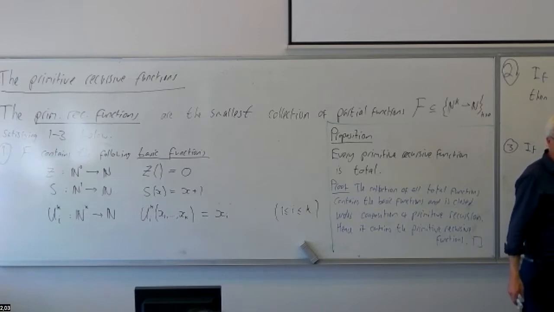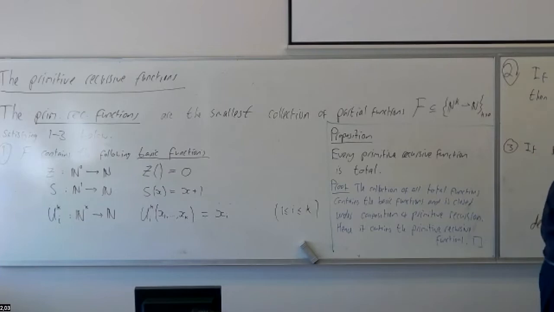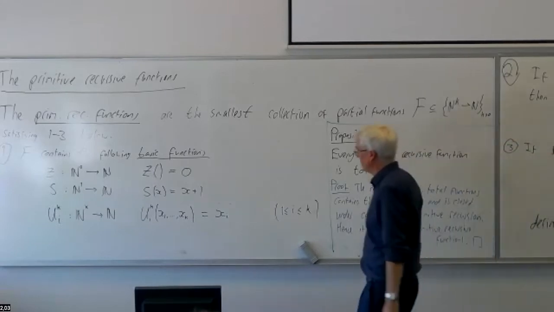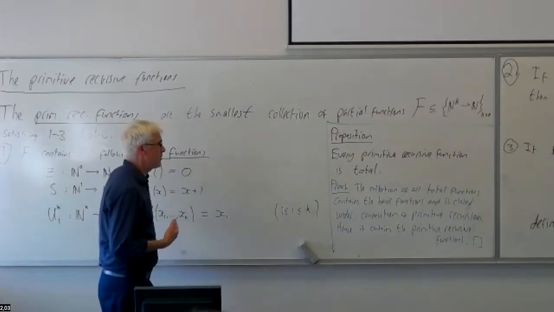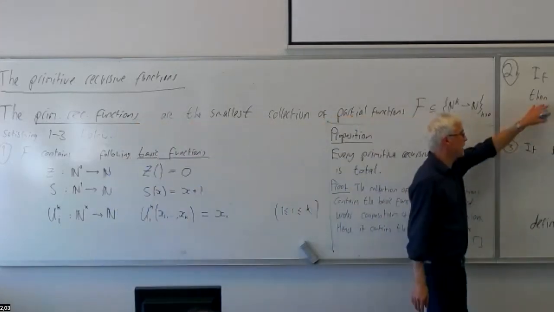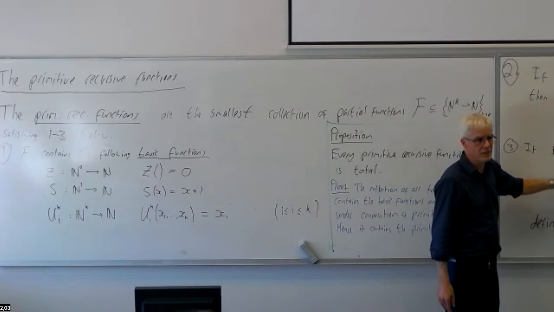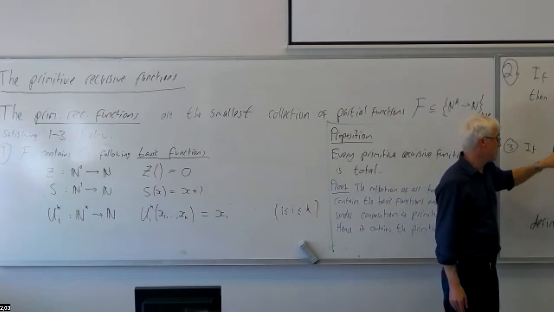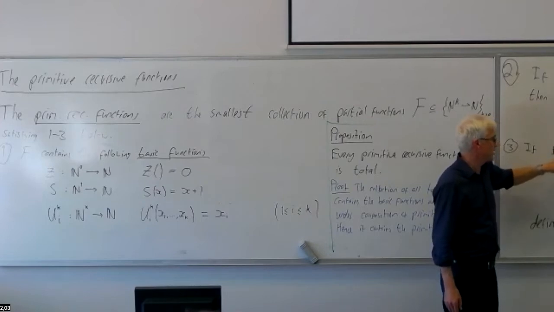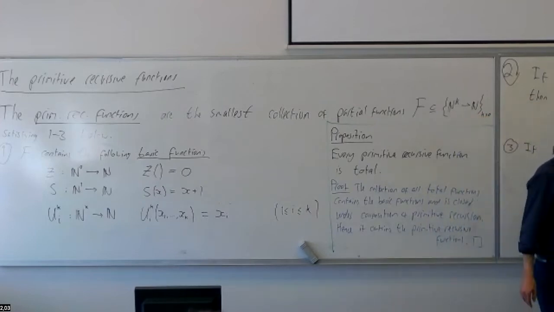I want to extend this soon to give us a way of defining not just the primitive recursive functions, but all the partial computable functions. And once we do that, we're going to have some partial functions, because some partial functions are computable. And as soon as we've got partial functions, we need to know how to apply these operations to partial functions. So that's why I'm using this greater generality. If I were just concerned with defining the primitive recursive functions, I could have just made everything total to begin with.